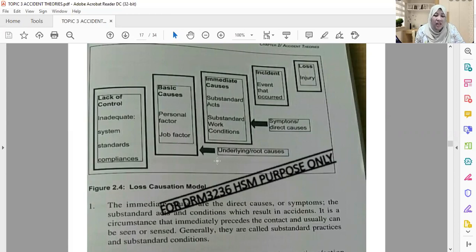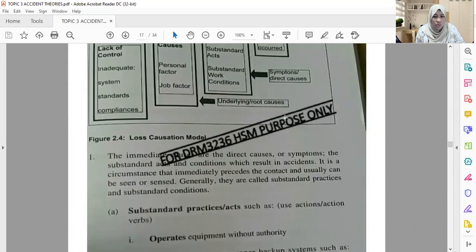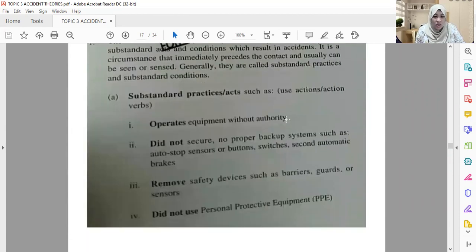Here they put underlying or root causes, which is close to basic cause. For the immediate cause, they have symptoms. The symptom is a sign, for direct causes, which come from the substandard acts and substandard work conditions. And then the incident or event that occurs equals the losses and injuries.